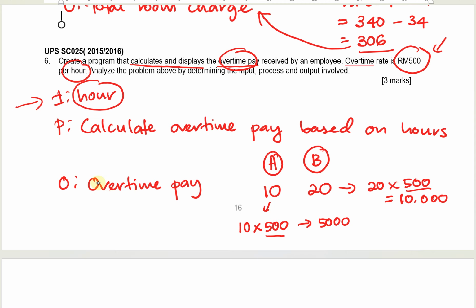Whatever is a variable, the value that changes, you have to write in the input. The difference between employee A and employee B is the overtime hour. The 500 ringgit is the same between these two employees.